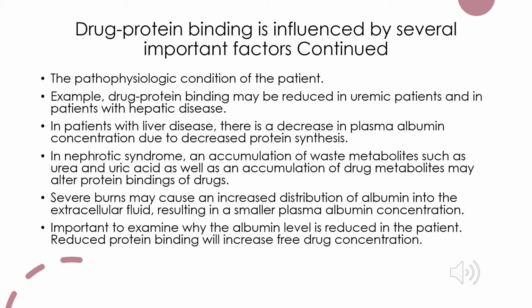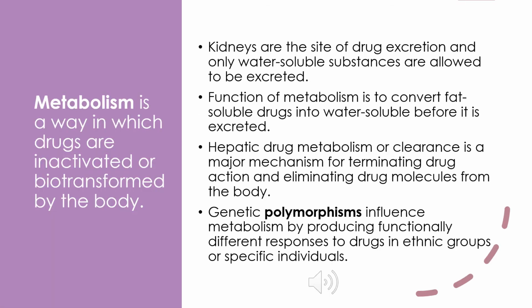Severe burns may cause an increased distribution of albumin into the extracellular fluid, resulting in a smaller plasma albumin concentration. It is important to examine why the albumin level is reduced in the patient. Reduced protein binding will increase free drug concentration.